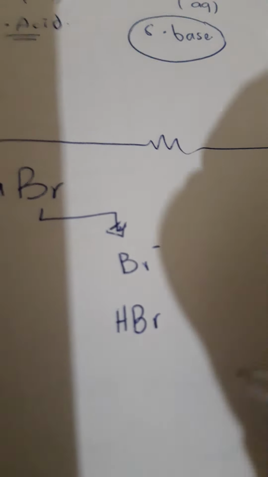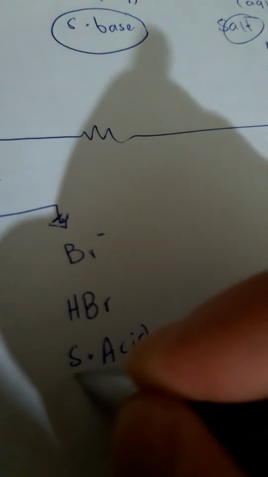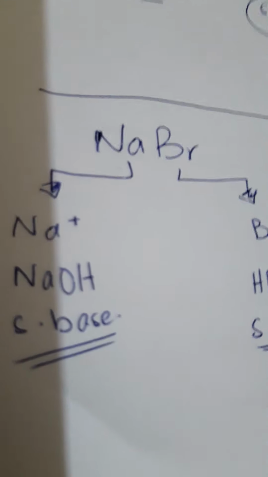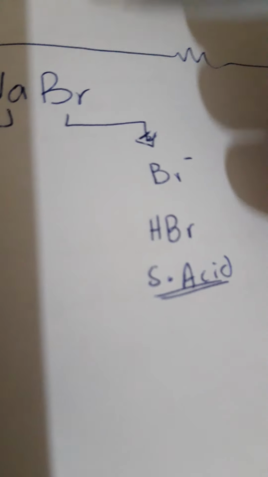For the negative ion أعطيها hydrogen ions, صارت HBr. لازم تكون حافظ إنه HBr أو hydrobromic acid is a strong acid, و sodium hydroxide is a strong base. So if you have a reaction of a strong base with a strong acid, then the salt is a neutral salt.